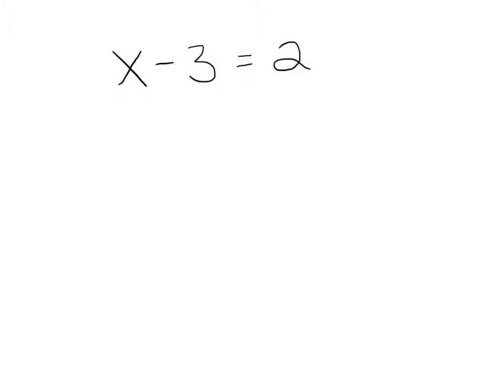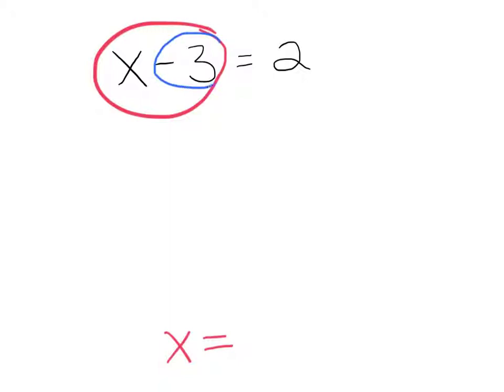Alright, let's get started. Again, I'm looking to get an x equals as my answer, and you can see up here that I have an x minus 3. Well, last time when I solved the problem, I used an inverse operation on both sides. That's fine. Another way of thinking about that is I can pick up this minus 3 and drag it to the other side.